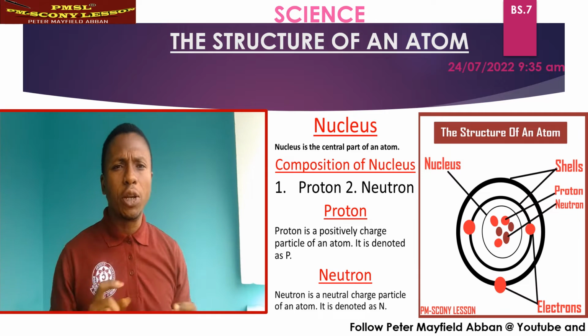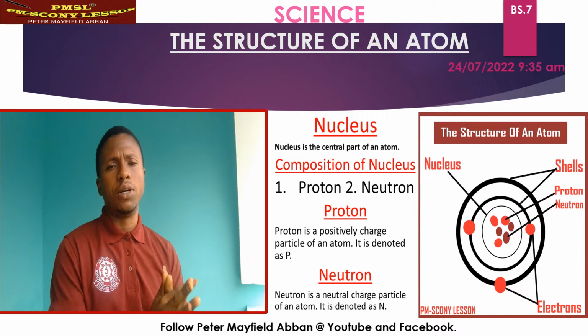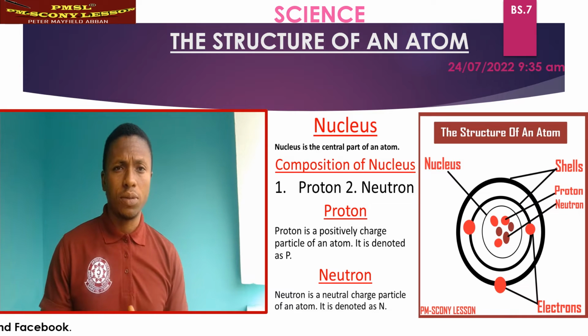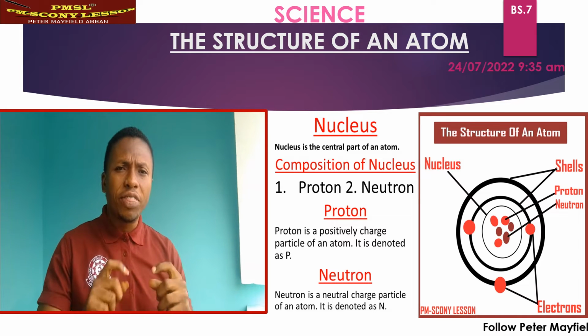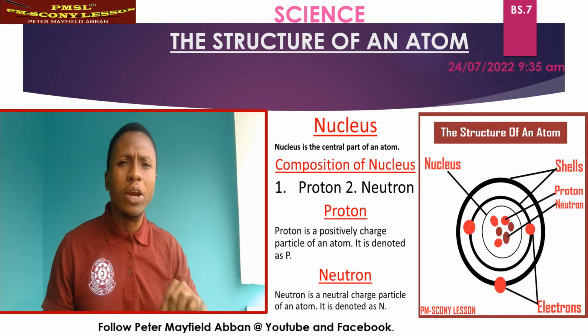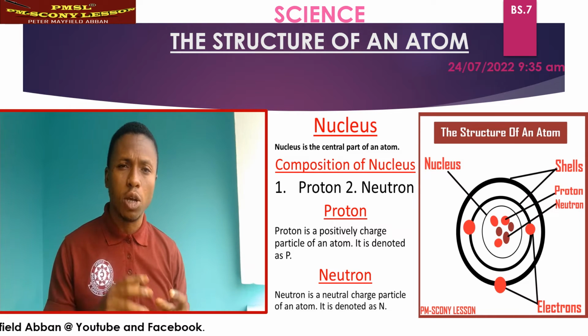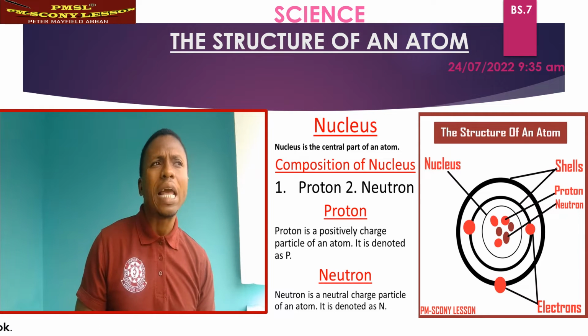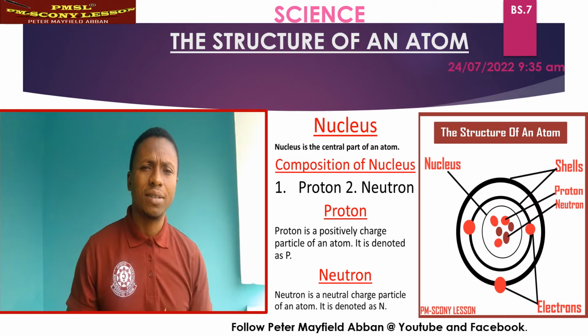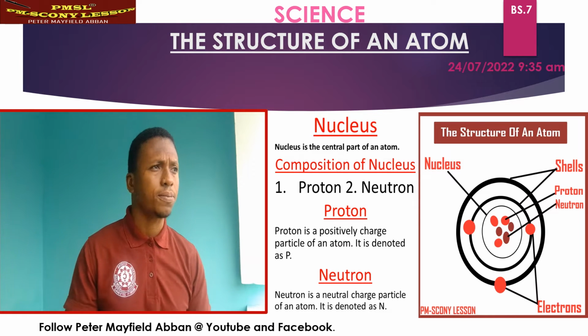So in every nucleus, you're going to find protons and neutrons. And around the nucleus, you find electrons. These electrons move in orbits around the nucleus in the shells of an atom. Simply put, the shells I'm talking about are the rings that surround the nucleus.